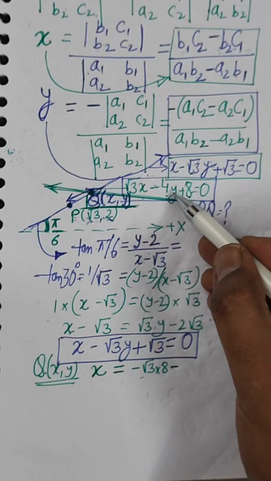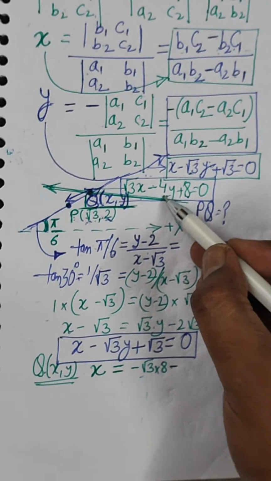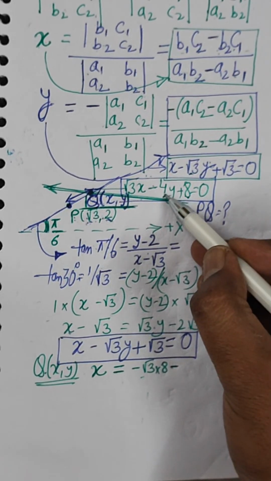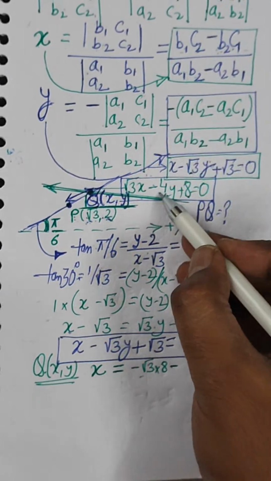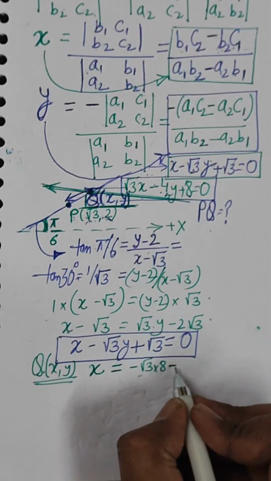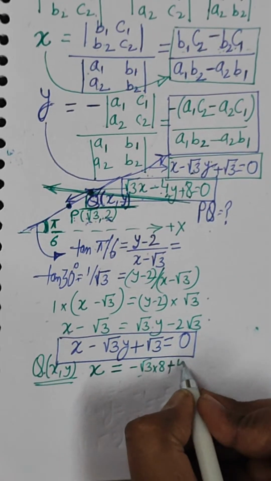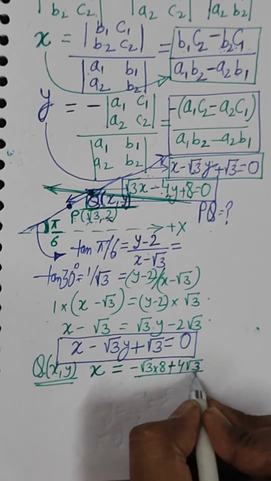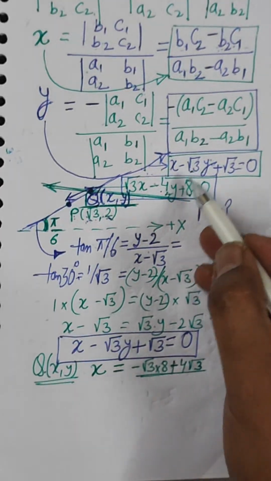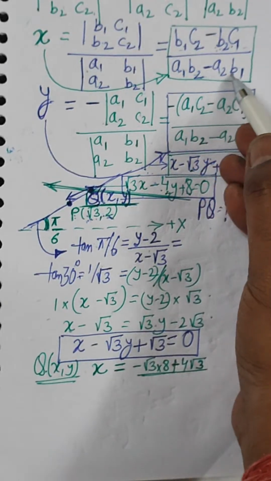This is the first equation, this is the second equation. So minus 4 into c1, minus 4 into root 3. So this will be minus minus plus 4 root 3, right? Divided by what? You can see a1 b2 minus a2 b1.